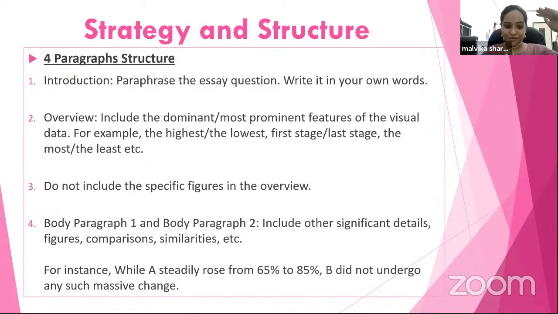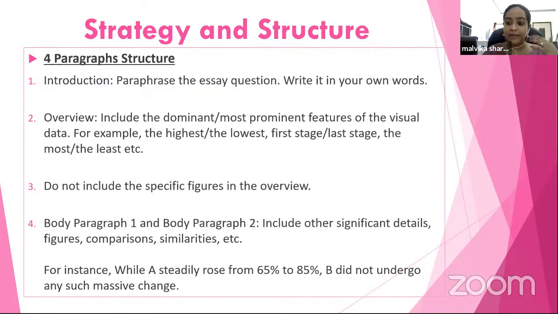Introduction, overview, and then we have our body paragraphs 3 and 4. So, when there is too much information, we can sensibly collect the data, and it is upon our discretion. It is upon us to decide what we wish to include in body paragraph 3 and what we wish to include in body paragraph 4. Okay, we can divide the data.